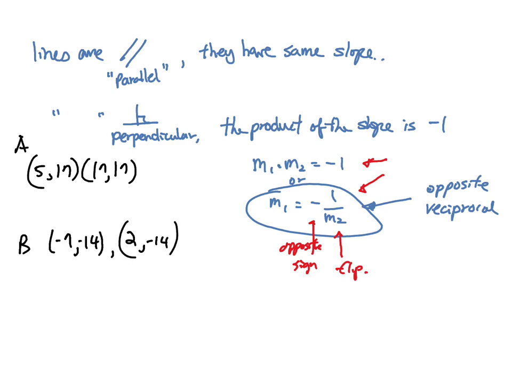I'm hoping by this time you should be able to recognize that if the y values are the same, you have a horizontal line, which means the slope is equal to 0.